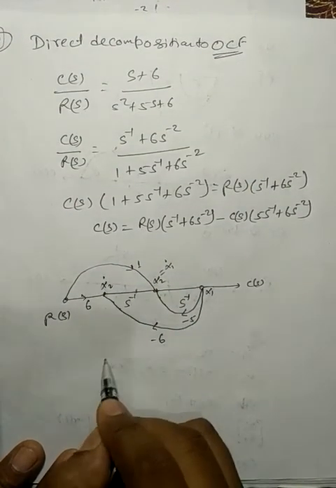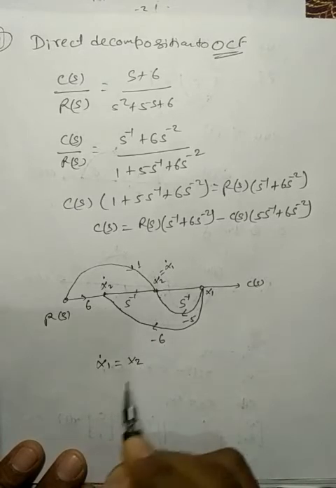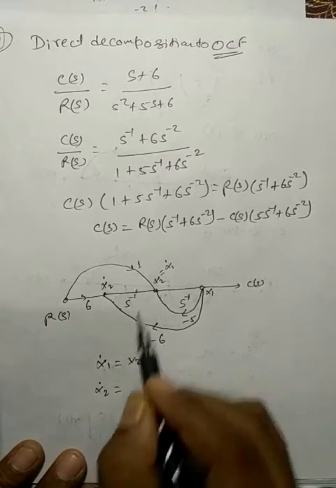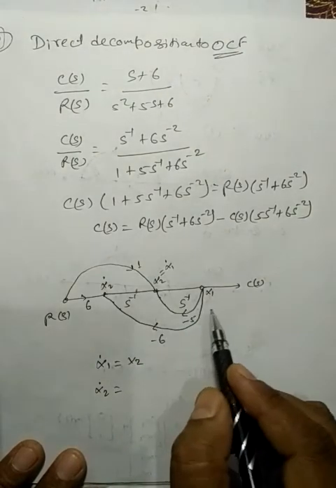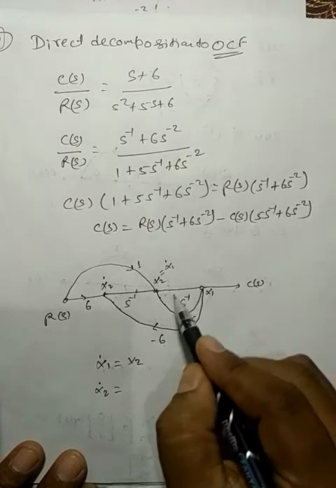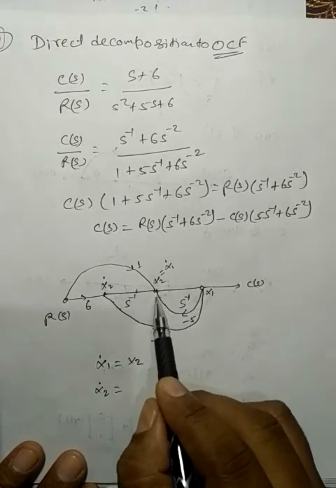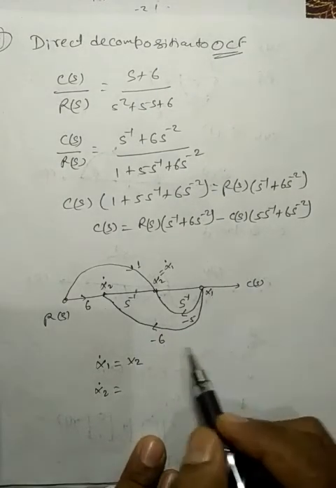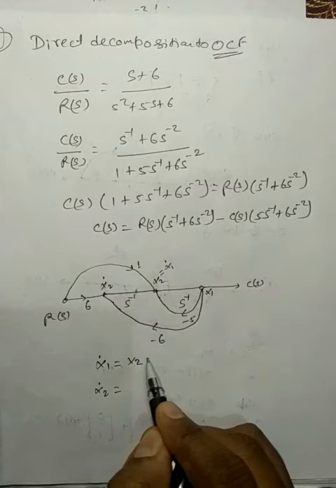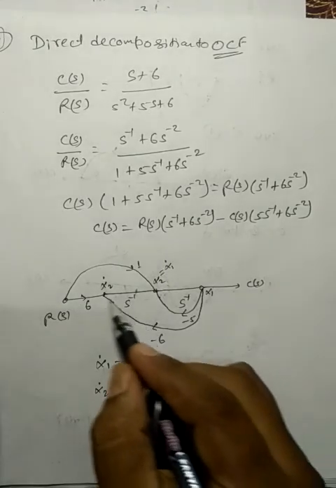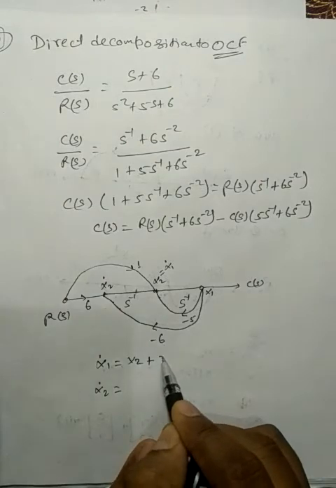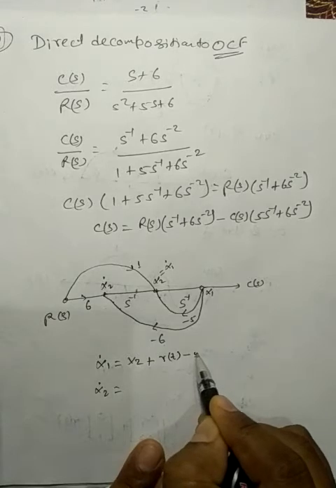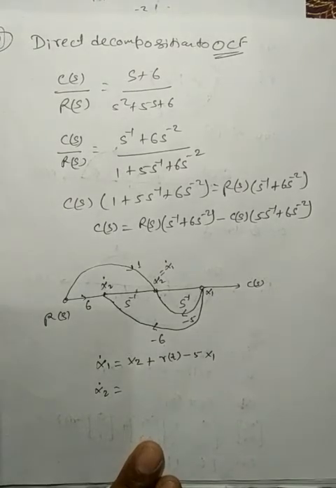So equation becomes x1 dot is equal to x2 plus RT minus 5x1, right?